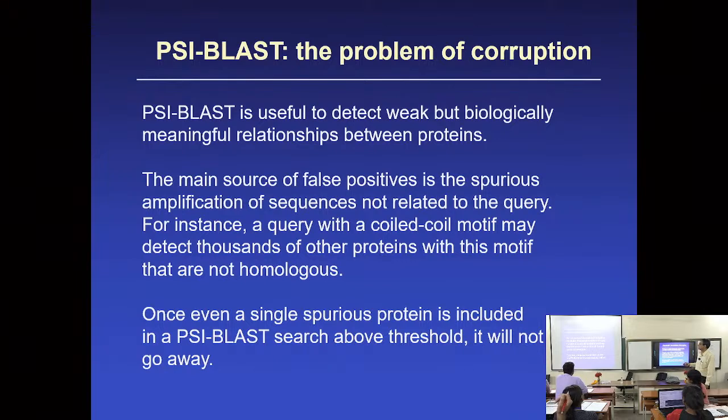So a query with a coiled-coil motif may detect thousands of other proteins with this motif that are not homologous, because this motif is so ubiquitous. Similarity could be because of the presence of this motif, not because they share a common ancestor, not because they are homologous, right? And the goal often in sequence alignment is to find homologous sequences, okay?